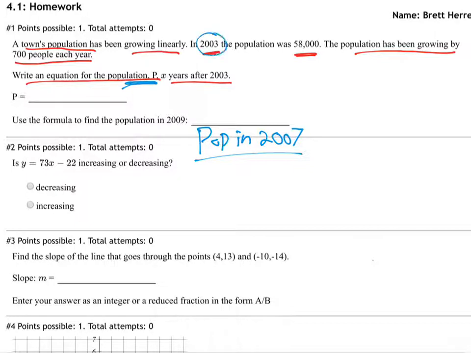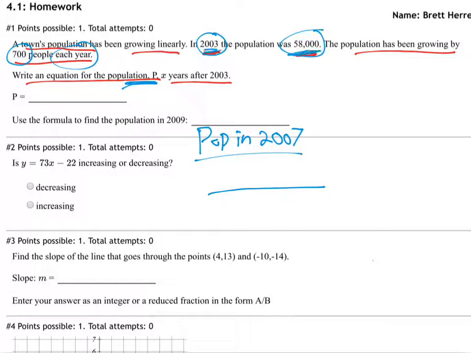In 2003, the population was 58,000 people, and it's going up 700 each year. So I'd like you to write out what you're doing. Rather than calculating, I don't really even care what the answer is. I care how you get the answer. So write down what you would do, like what would you add, subtract, multiply, or divide to get that answer. And once you do that, stop.